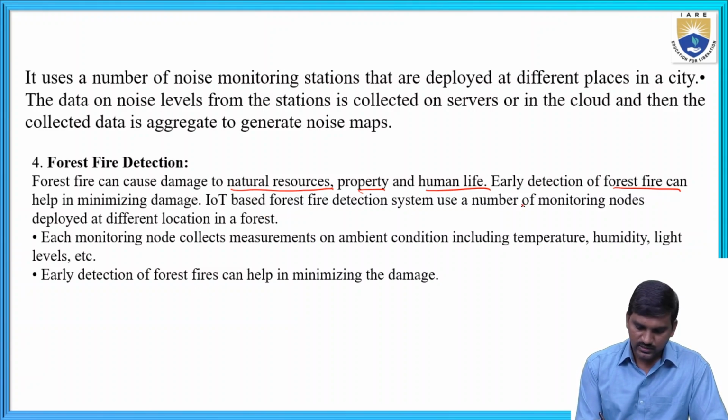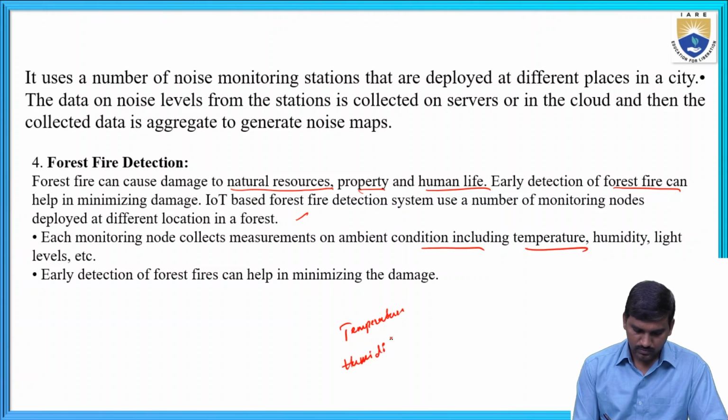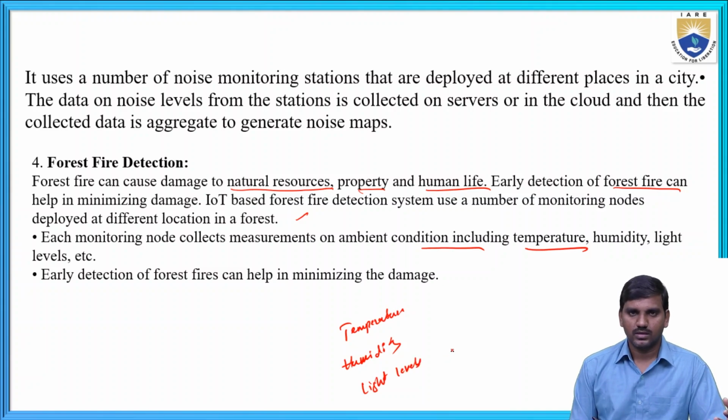In the forest fire detection system, a number of monitoring nodes are deployed. Each monitoring node collects measurements of ambient conditions, including temperature, humidity, and light levels. Before a fire, there is a huge change in light. So these are the input parameters: any changes in temperature, humidity, or light level.